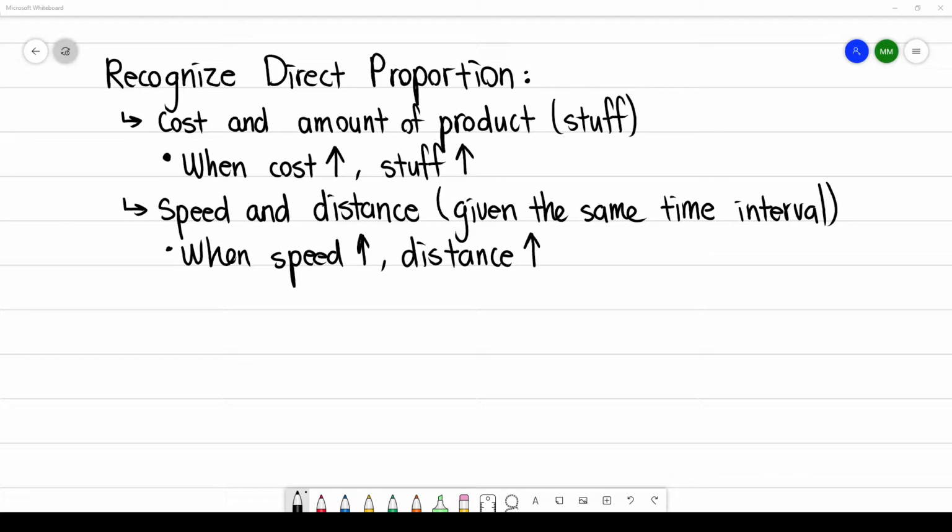The more water you use, the higher the water bill goes up. Same thing with electricity. Good.